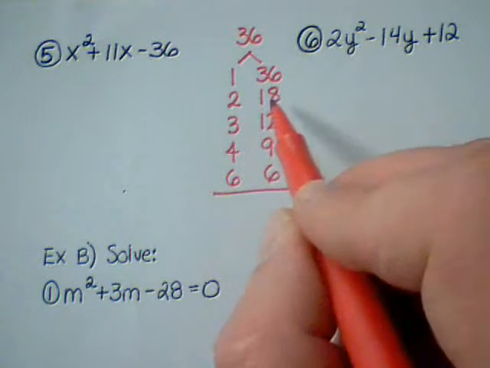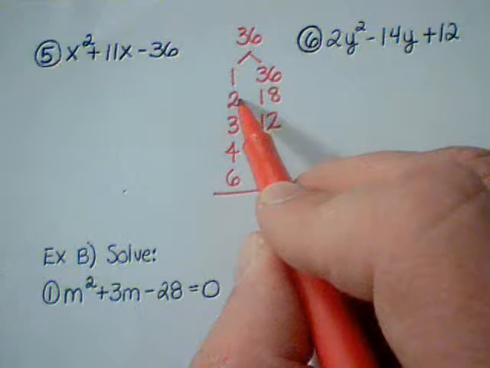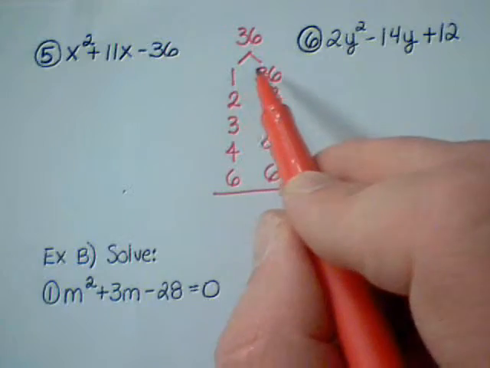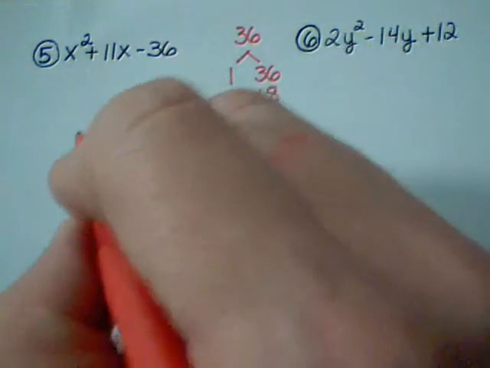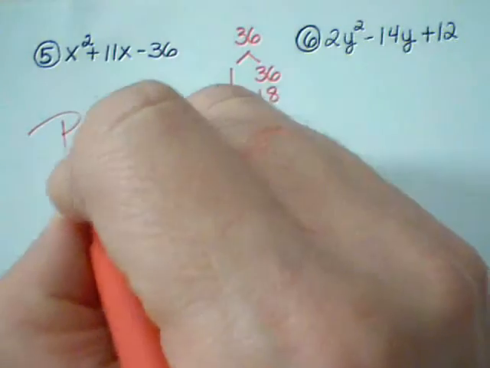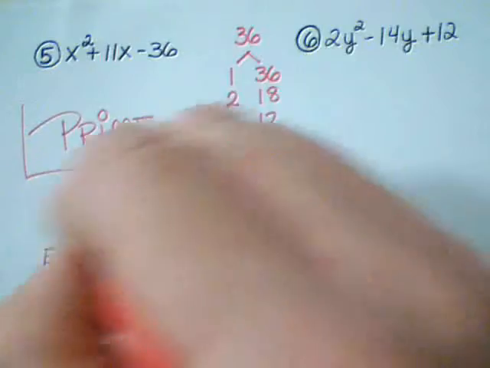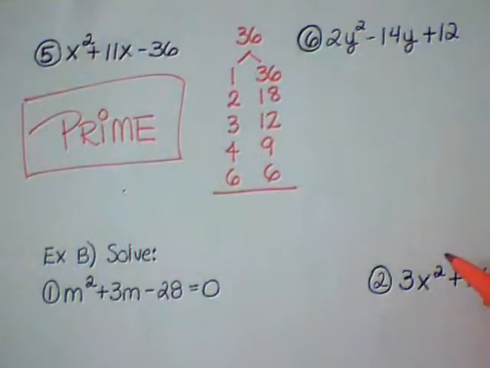Does not work. 2 plus 18 is 20. 18 minus 2 is 16. Doesn't work. 36 minus 1 is 35. 36 plus 1 is 37. Doesn't work. Guess what? Nobody works. So this is going to be prime, because nobody gives me that 11 that I'm looking for.